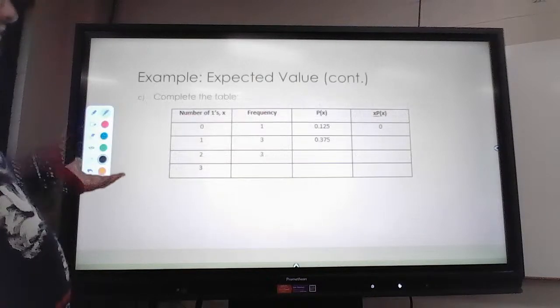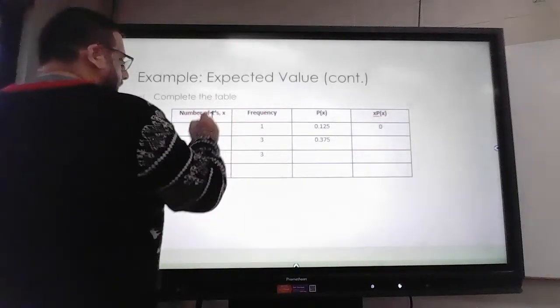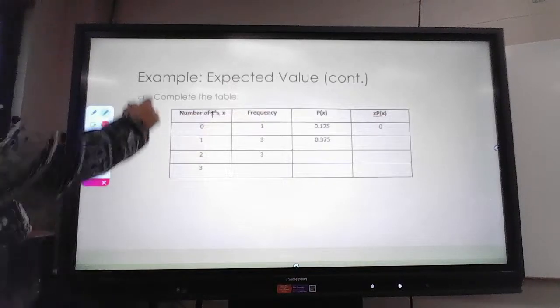Well, here's the value of the variable. We're looking for the number of, we'll call this tails. Number of tails. Either I could have 0 tails, I could have 1 tail, 2 tails, or 3 tails. Well, remember, here's our sample space.